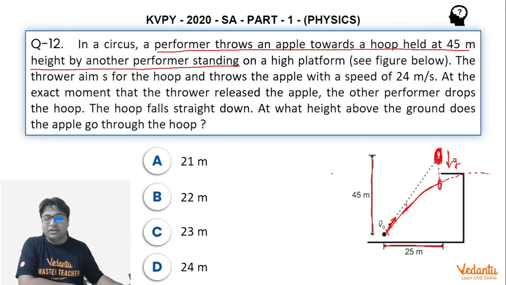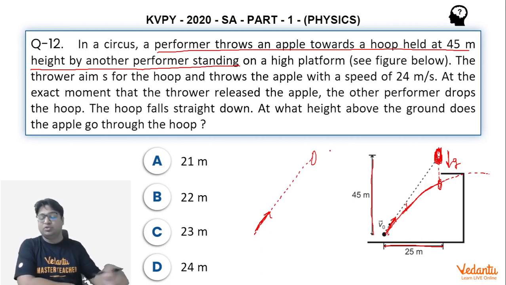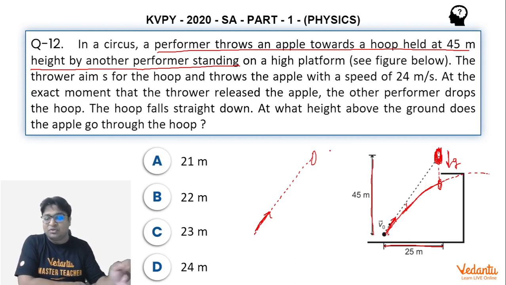So in the frame of the hoop, if the ball was thrown with a certain velocity towards itself, then because the relative acceleration is zero, the path of the bullet will appear to be a straight line when seen from the hoop. And so this apple is supposed to pass through the hoop. Okay, so now with this thought in mind, let's solve this question.